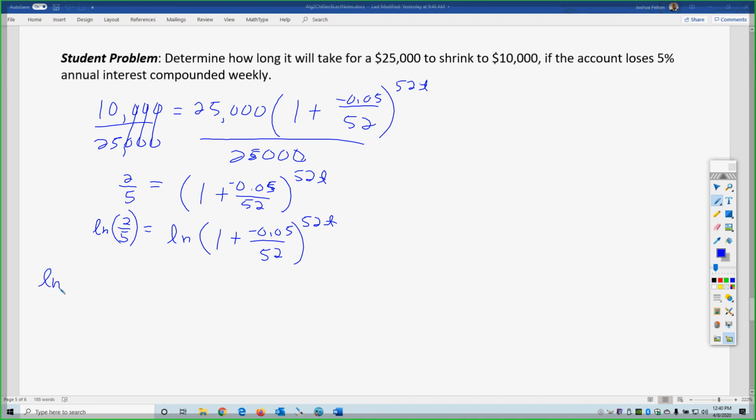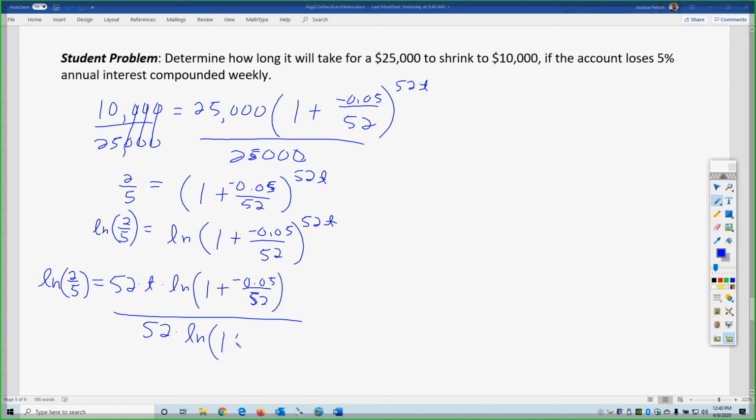So I have the natural log of 2/5 equals 52t times the natural log of 1 plus the loss of 5% over 52. Okay, so now I can divide by those constant amounts, because you can divide by constants, right?